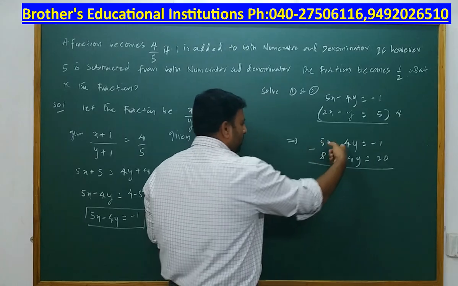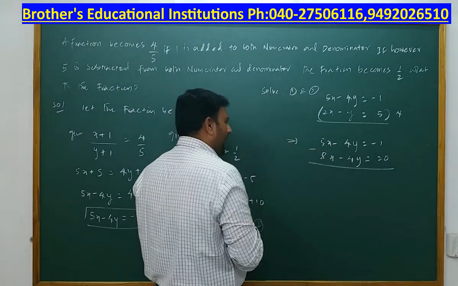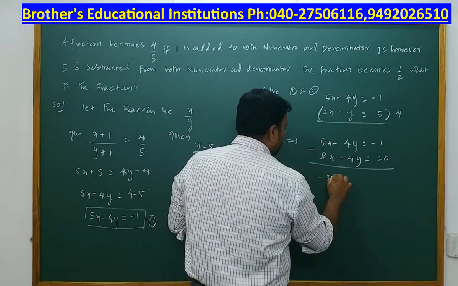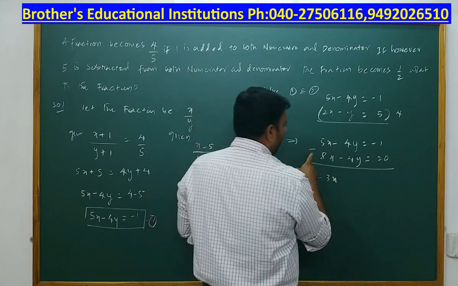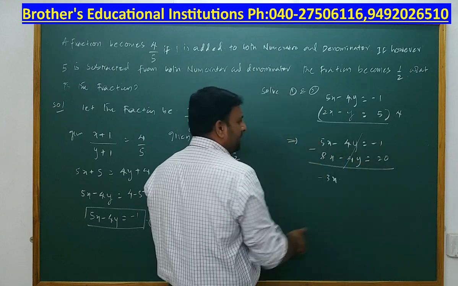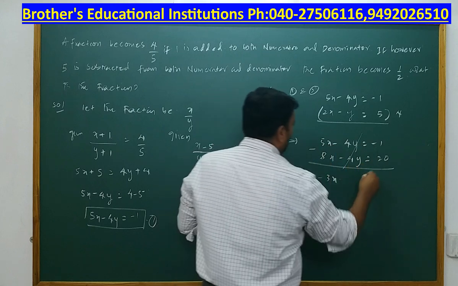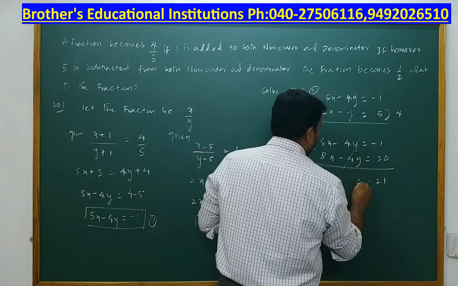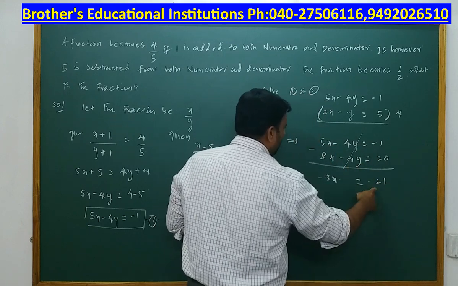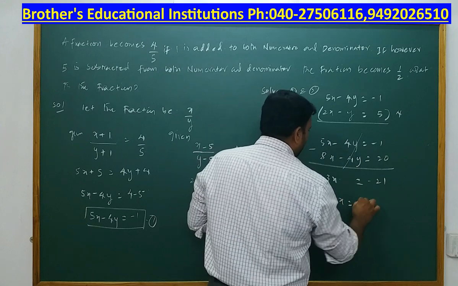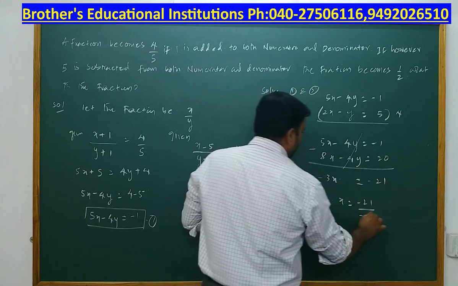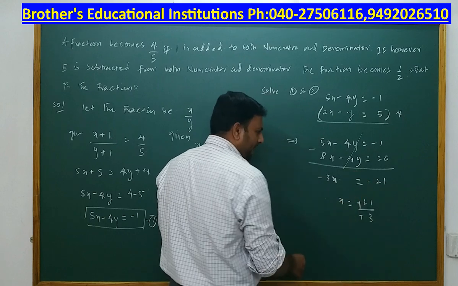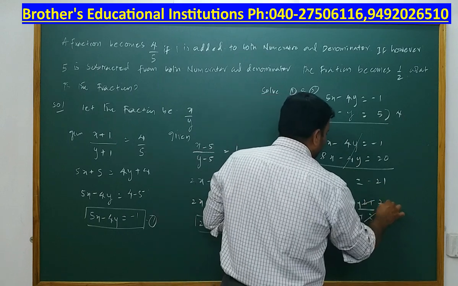In this case both have the same sign, so I will subtract. 5x minus 8x is equal to minus 3x. Minus 4y minus plus 4y cancel. Minus 1 minus 20 is minus 21. Now minus 3x is equal to minus 21. x is equal to minus 21 by minus 3. Minus cancels. 3 7s are 21.